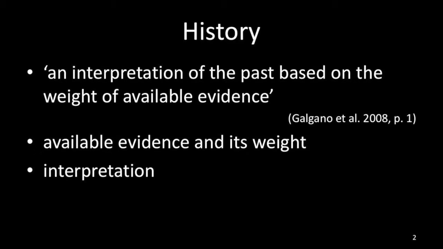And it's a really useful and short definition because it is something that we can unpack to look at historical research methods. In particular, the notions of available evidence and its weight, some type of evaluation, if you like, of evidence, as well as the issue of interpretation of that evidence.